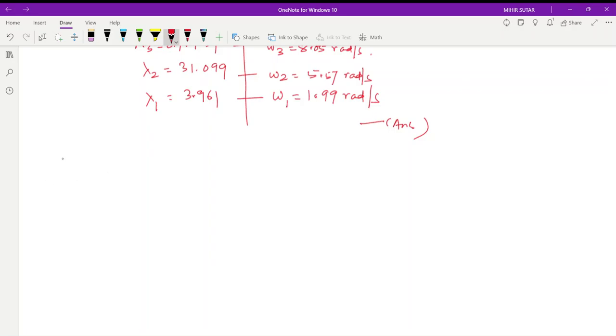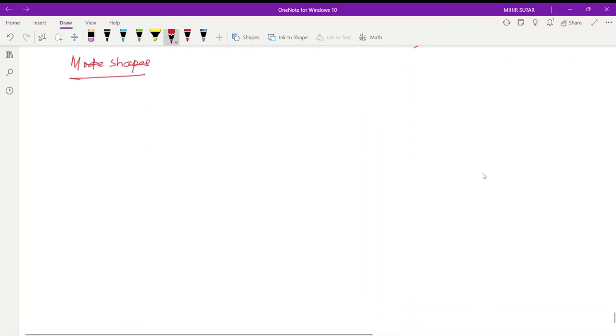Now next is mode shapes. How to find mode shapes in the example? So we have the equation lambda I minus C into x is equal to 0. We have this.